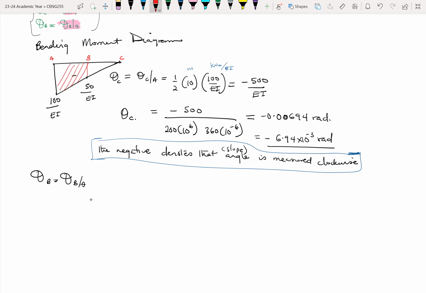So you can try that on your own. And then you find theta B. I think the answer would be minus 5.21 times 10 exponent minus 3 radians.